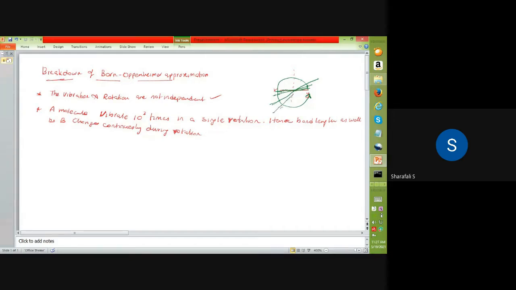So the bond length will change each time. This is Y, this is X, until it comes back to its original position. Each time it vibrates, it will have a change in bond length from its original bond length.